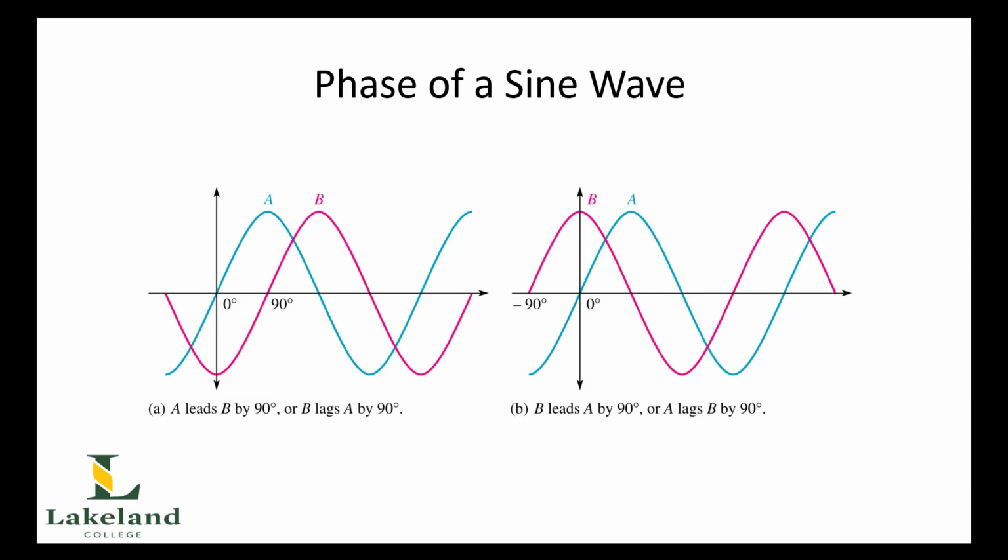So I could describe that waveform relationship that waveform B lags waveform A. And I can be more specific and even say that waveform B lags waveform A by a certain angle. And in this example, the way it's drawn, that angle is 90 degrees.